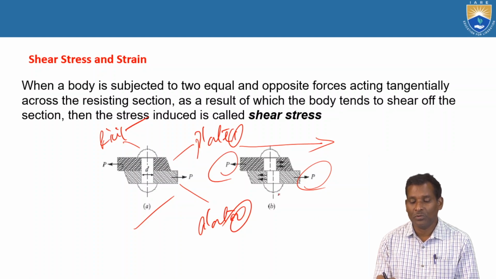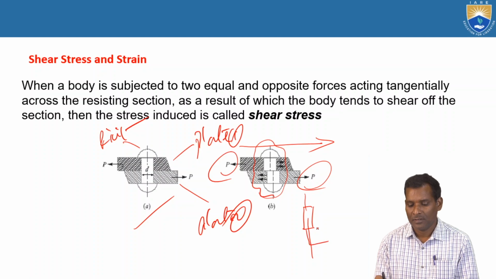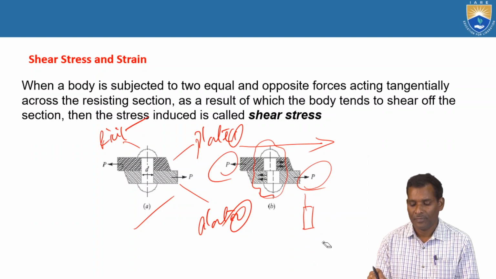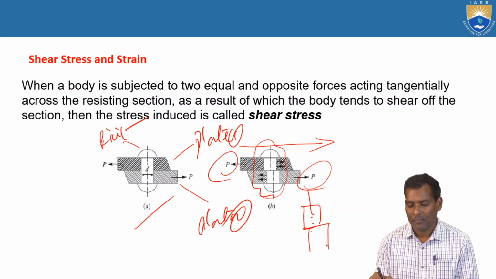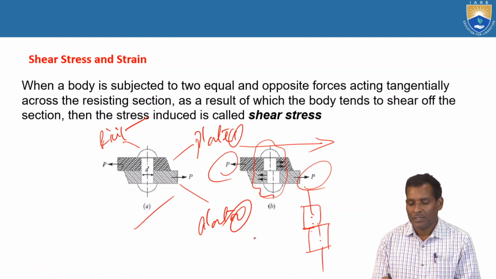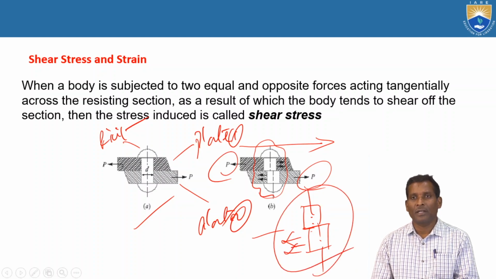Due to this shear stress, the rivet may shear like this. The diagram you may draw like this, after shearing.